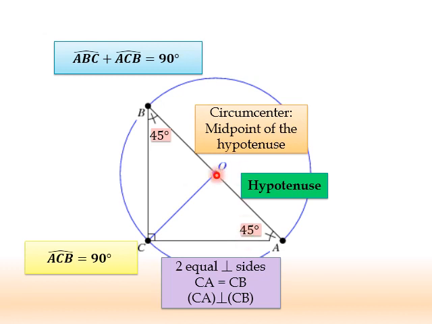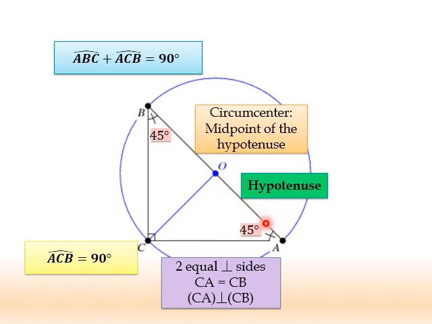The midpoint of the hypotenuse, which is point O, is the circumcenter, or center of the circle circumscribed about the triangle. It's the blue circle here. I may ask you how to prove OB equals OC equals OA.